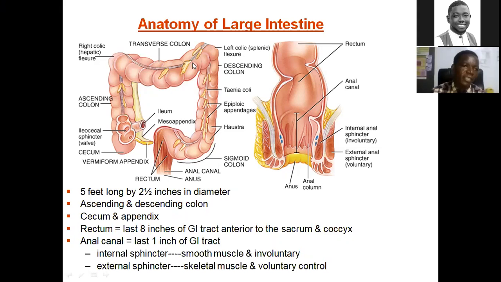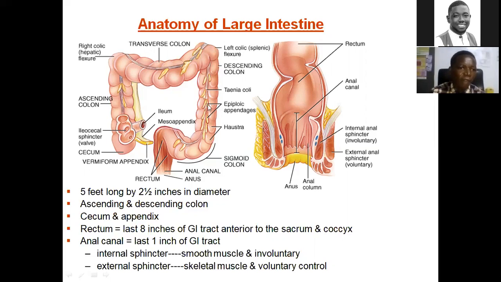So from here, it takes a transverse turn, then it takes another sharp turn, and then it descends down into the iliac region. From here, it forms another flexure called the left colic flexure, and that one is immediately inferior to the spleen. So sometimes it is called the splenic flexure.